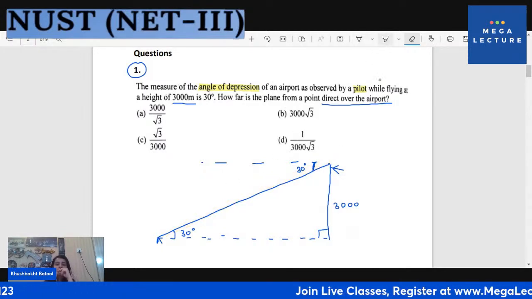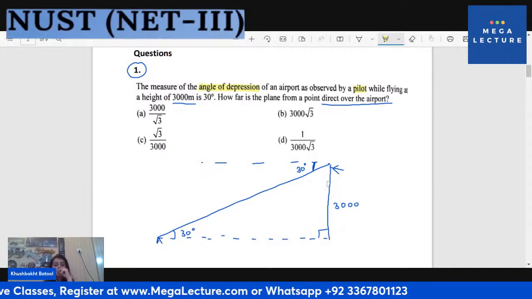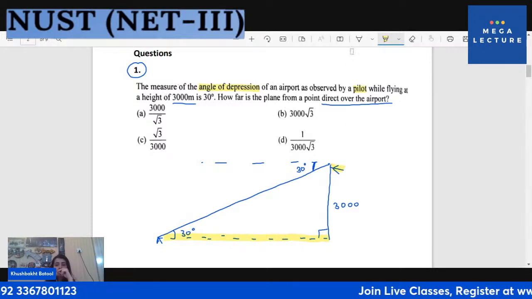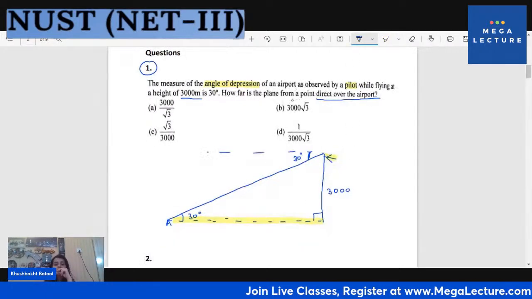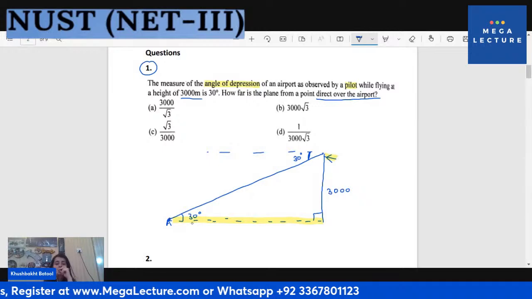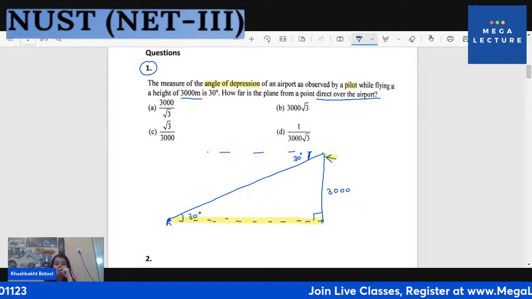You need to find how far is the plane from a point directly over the airport. So this is your plane right here, and this length is what you need to find, the horizontal length. Why? Because it says how far is the plane from a point directly over the airport. This is the point, and this is where the plane is right now. It is 3000 meters higher from this point. So you need to find this x.